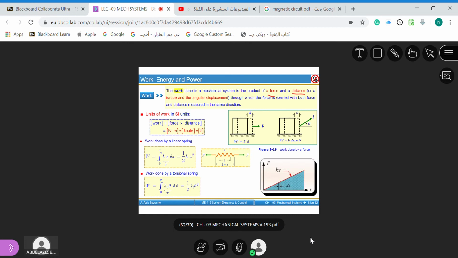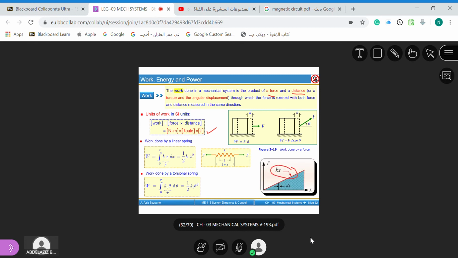Since we have a dot product here, this term will be a scalar. The unit of the work is simply newton times meter, or joule, usually expressed as J, force times distance. If we have a spring, the force on the spring will be kx, a linear force, as you can see here.